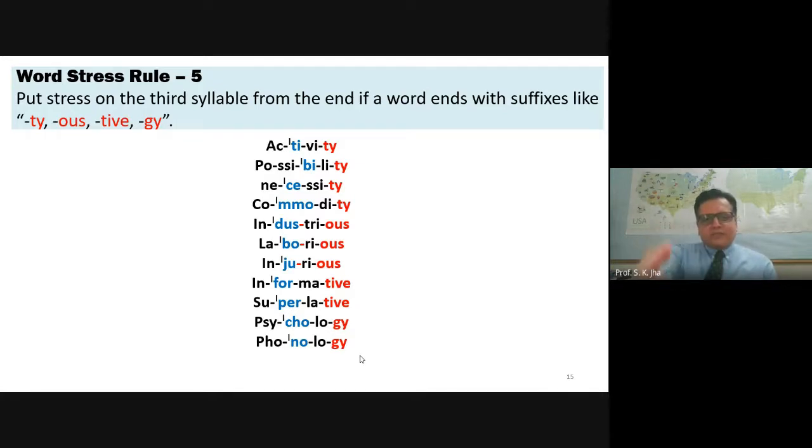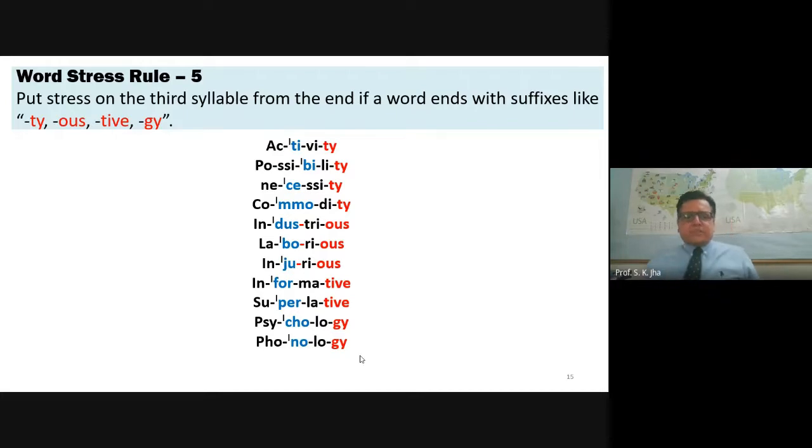Now I'll pronounce these words for you. Activity. Why am I giving stress on ti? Because if you count from the end, ti is the third one from the end. Because your rule says that put stress on the third syllable from the end if a word ends with suffixes like ty, ous, tive, and gy.